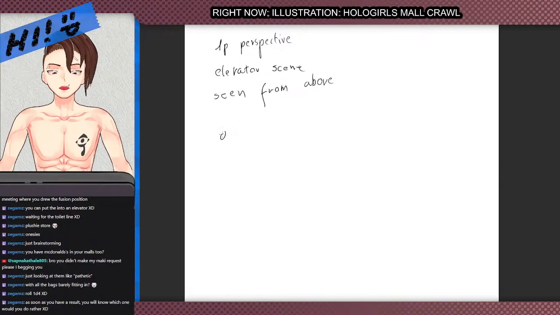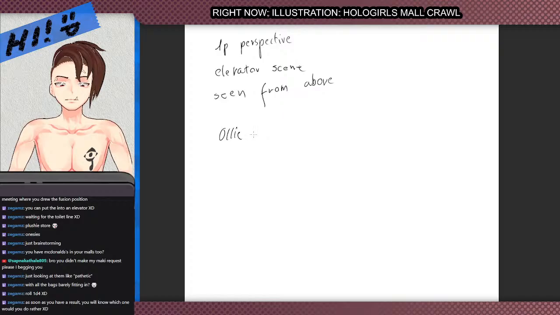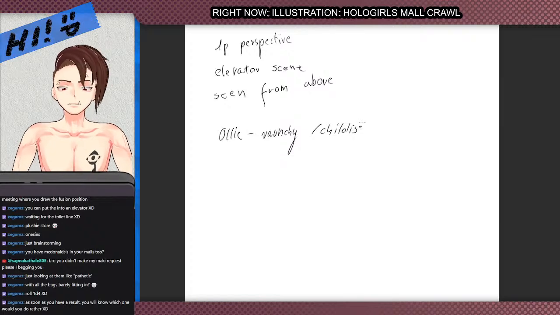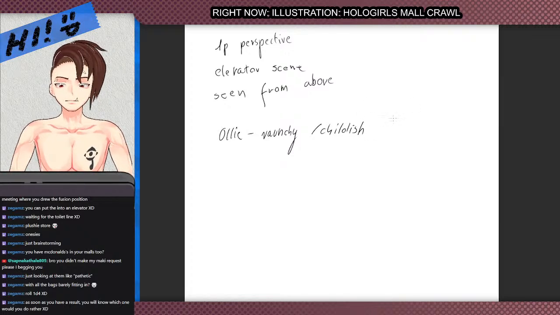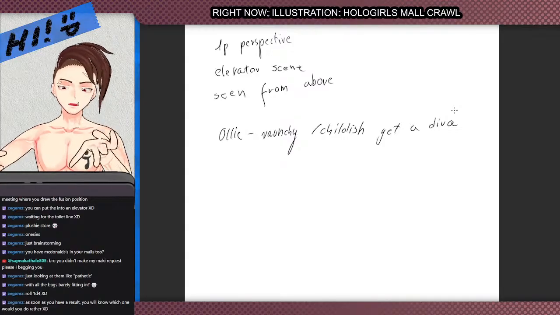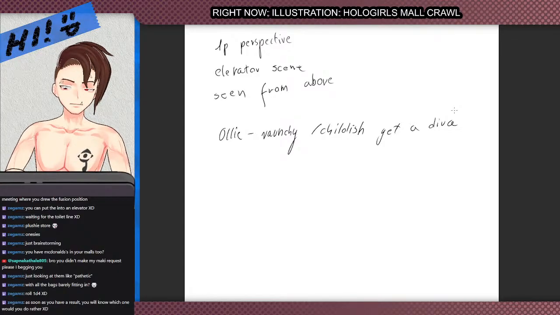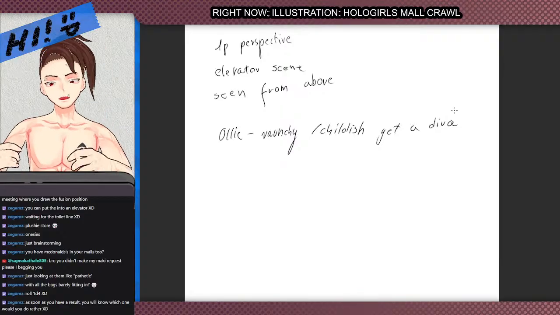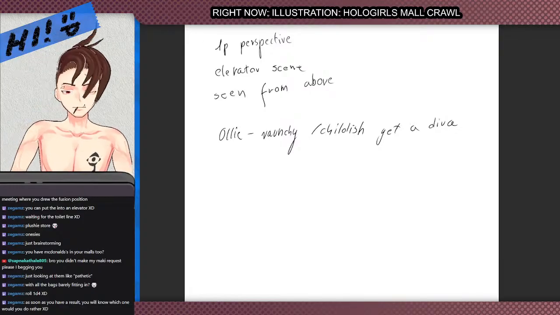So let's start with Ollie. Raunchy, childish, yet a diva. So we are now trying to introduce the idea of how the characters are going to behave and so on. Okay, so that's that.